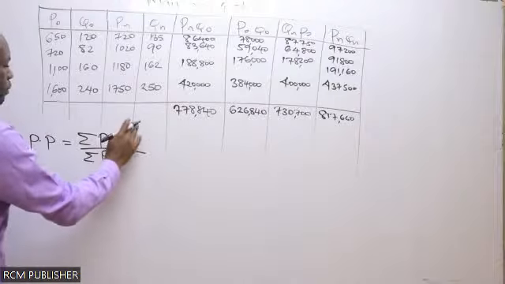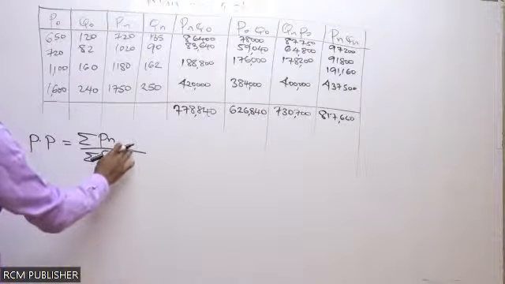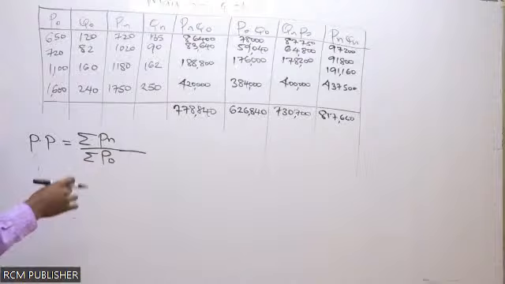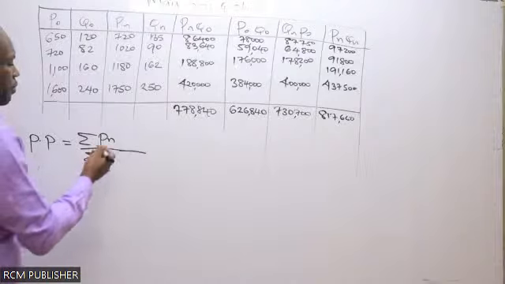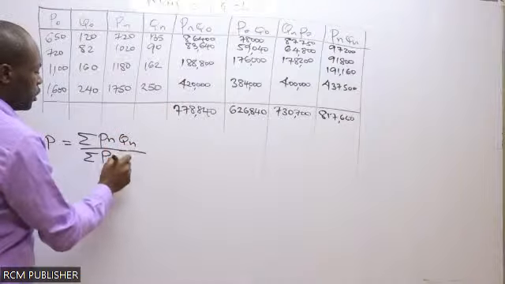We need to have weight, but Paasche assumes that the weight you are going to use for the price index is the quantity of the current year or year of interest, which is now QN.